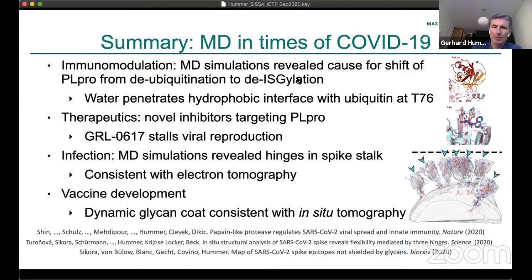I showed you that in the case of SARS-CoV-2, as compared to the original SARS, we had this shift from a deubiquitination to a deISGylation activity.